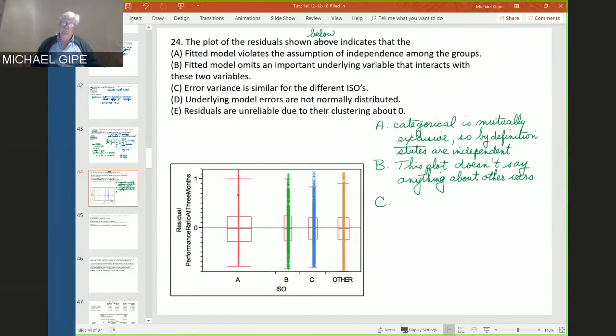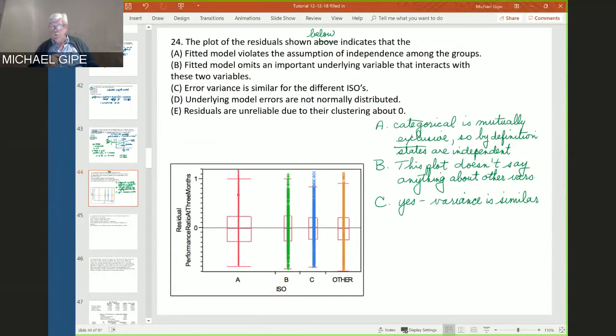How about C? The error variance is similar for the different ISOs. Yes, I'd say this is correct. So basically looking at this, the vertical extent of the dots here are pretty much the same for all of these, even though there's different quantity for the different states.